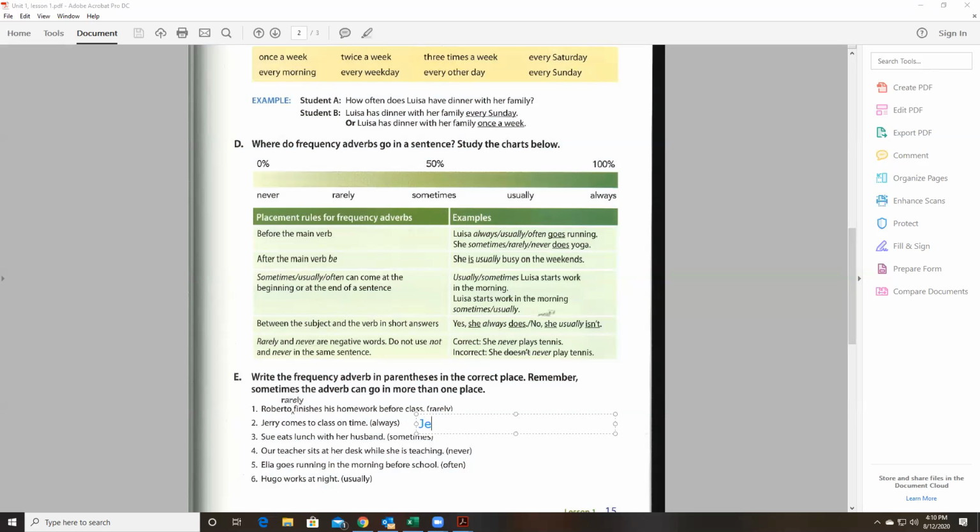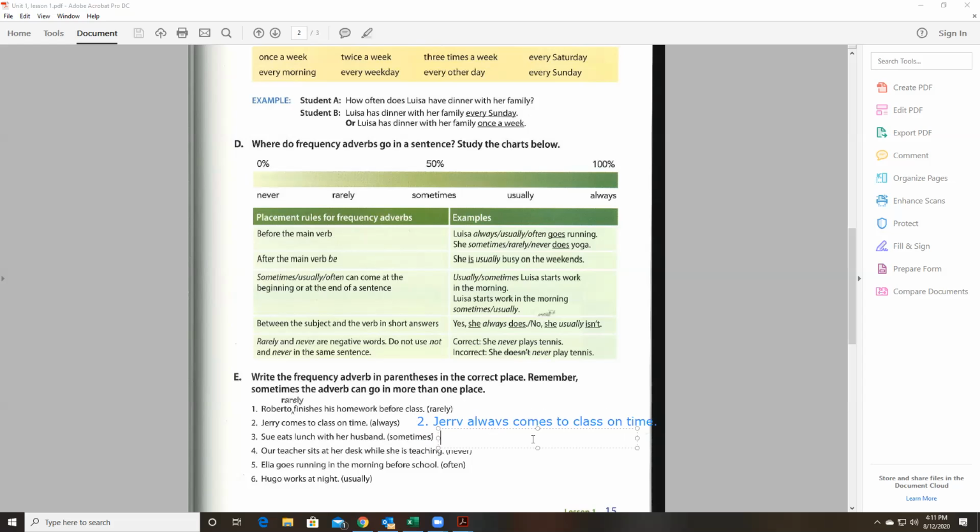So I have Jerry always comes to class on time. I put the word always between the subject and the verb. Our subject is Jerry, and our verb is comes. So I put the frequency adverb in the middle.